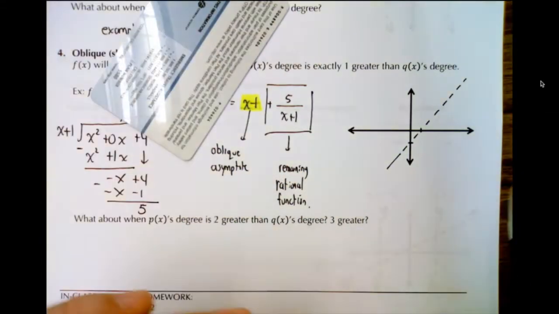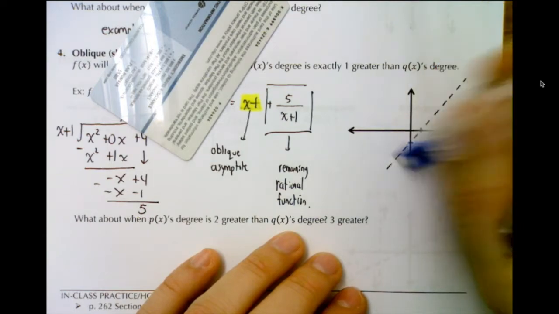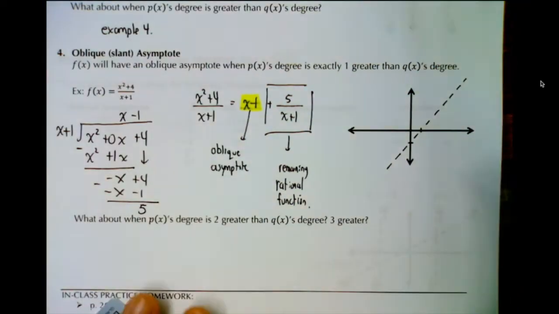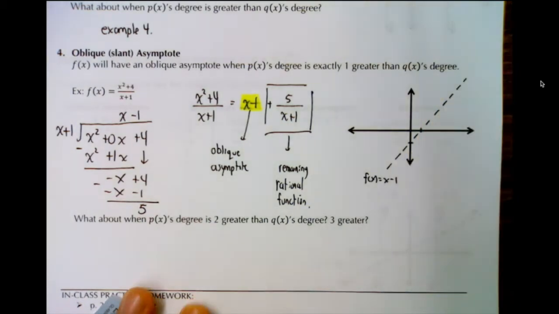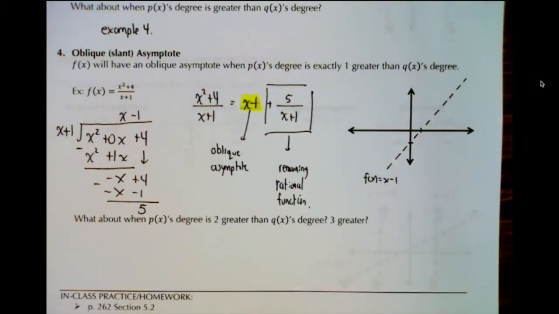Our asymptote will look something like that. This is an oblique asymptote called f of x equals x minus 1. So you can have horizontal asymptotes, you can have vertical asymptotes, and holes. And now I'm telling you, you can have something called an oblique asymptote, which is a line asymptote.